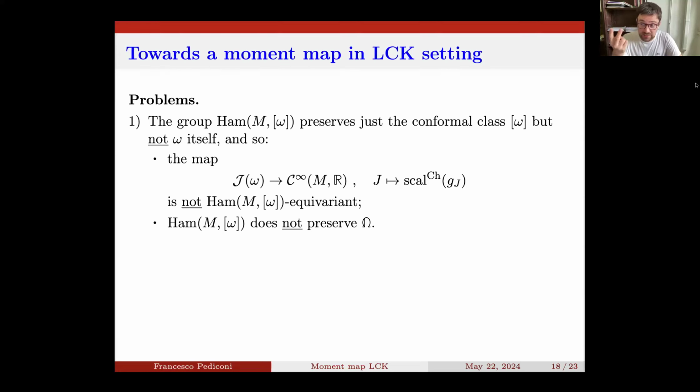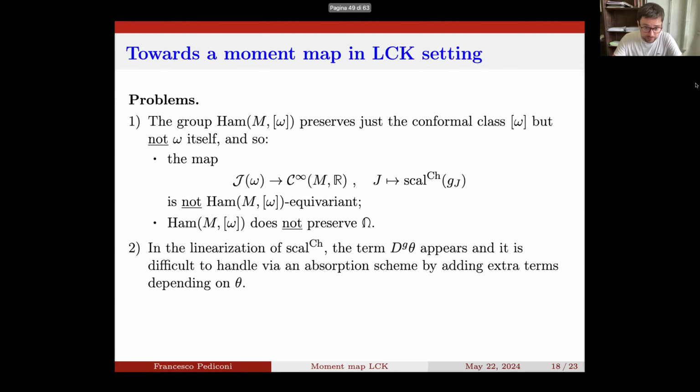And the second problem is also that the twisted-Hamiltonian action does not preserve the infinite dimensional symplectic form. So this seems really bad. I mean, we cannot hope to directly generalize the Donaldson-Fujiki framework.